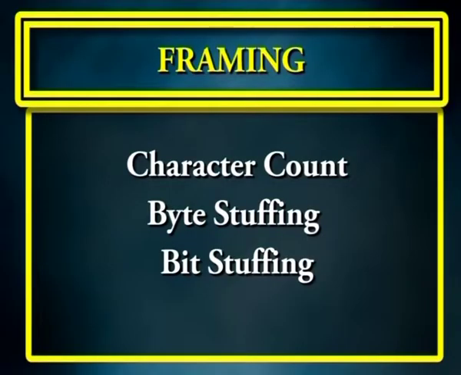There are always chances of bits getting mixed up or some error due to change in sequence of bits. In order to solve this problem, the stream of bits is divided into frames. Now, what are the methods of framing the bits? There are 3 methods which are commonly used for framing, which are character count, byte stuffing and bit stuffing.